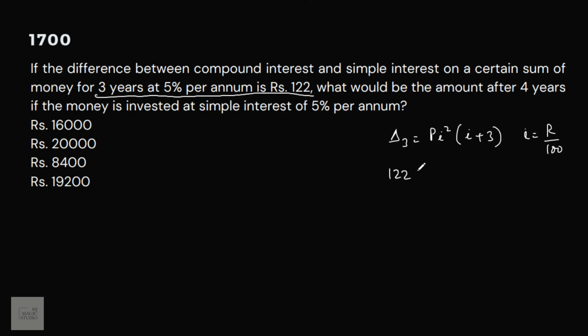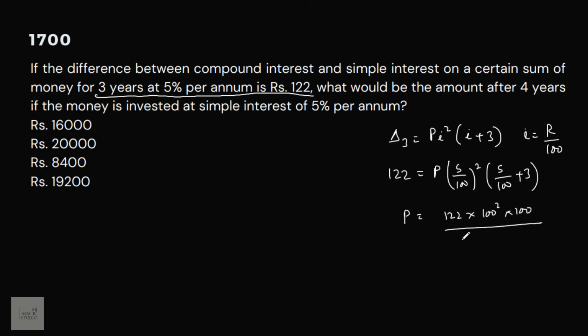So 122 equals P into 5 by 100 whole square into 5 by 100 plus 3. So P equals 122 into 100 square into 100 by 25 into 305.